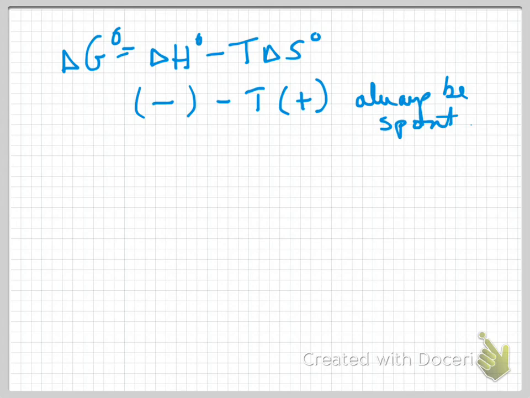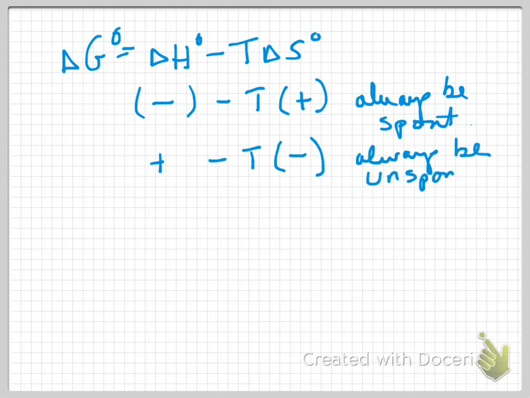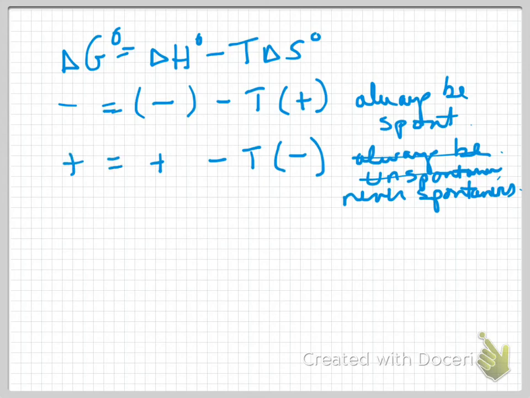If I have an endothermic process with a decrease in order, this will always be nonspontaneous. Or maybe we can just say never spontaneous. How about that? Okay, because this will always be negative, this will always be positive.